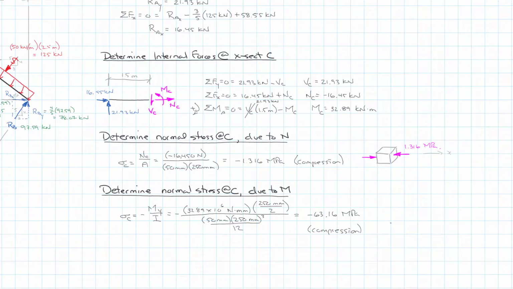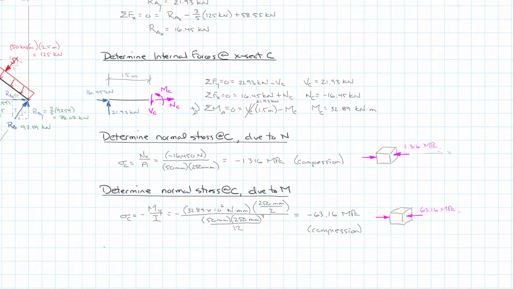And again, I'm just going to draw my differential element, help keep it all straight here. Same orientation. We know it's acting in the X direction. We know it's in compression, so it's going to look very similar to what we did in the last one. And a value of 63.16 megapascals.